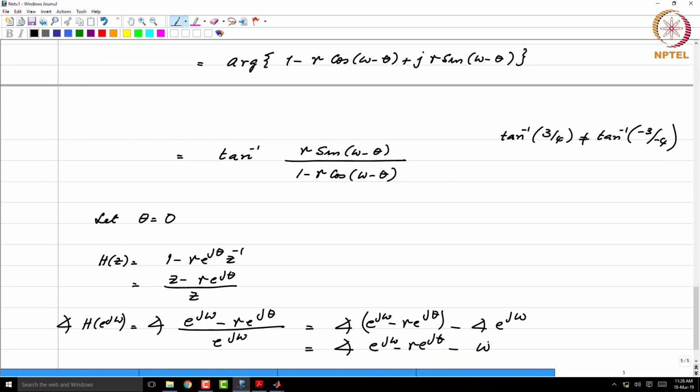The reason why I am writing it like this is, remember this z, which is a trivial pole, didn't contribute to the magnitude response, but sure enough it can't be sitting in the expression and not contribute to both phase and magnitude. It didn't contribute to the magnitude, it is surely contributing to the phase, as can be expected.